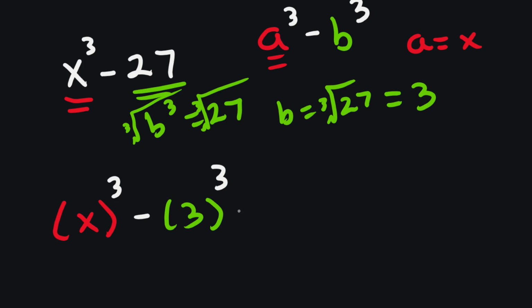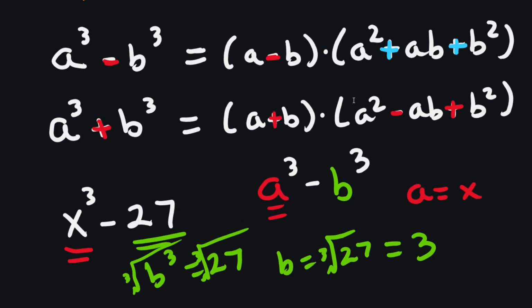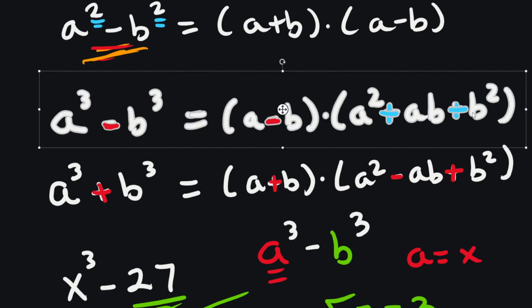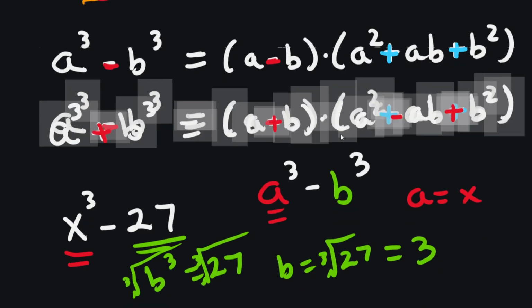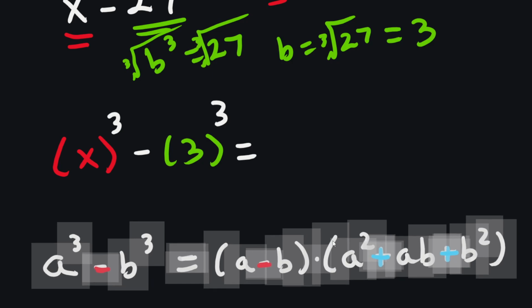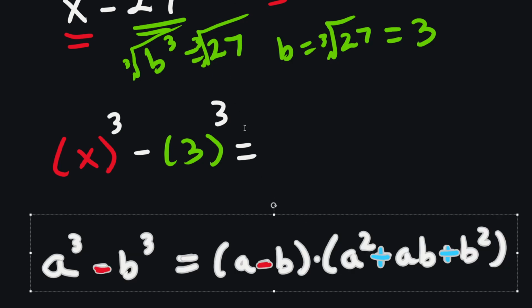There we go. Now we know what our a and b are. We can use the formula from above to understand how to factor this. So let's bring it down here so that we know how to factor it.